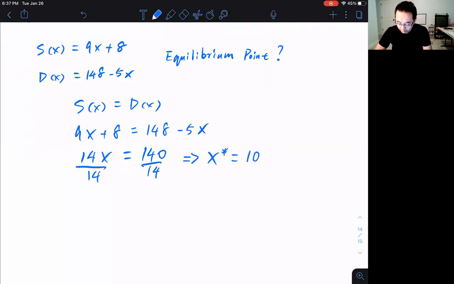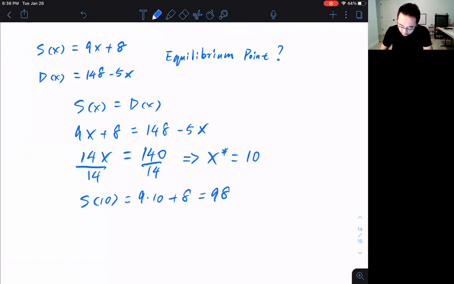So now remember, in your supply and demand world, x on the horizontal axis is quantity. So here, quantity is 10. Then how do I find what your price is? Well, for the price, you just plug x back into either the supply or demand function, and if you use S of 10, the supply function, this is 9 times 10 plus 8, which gives you 98.